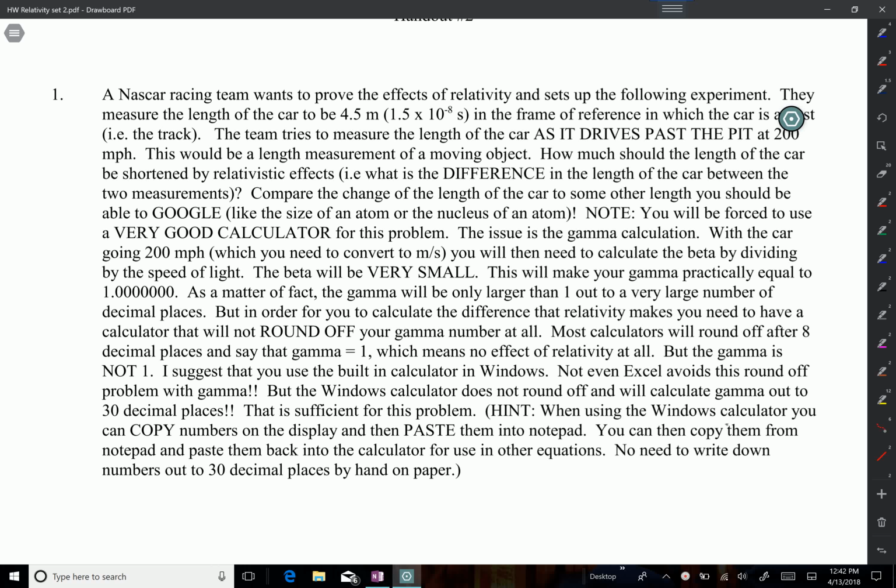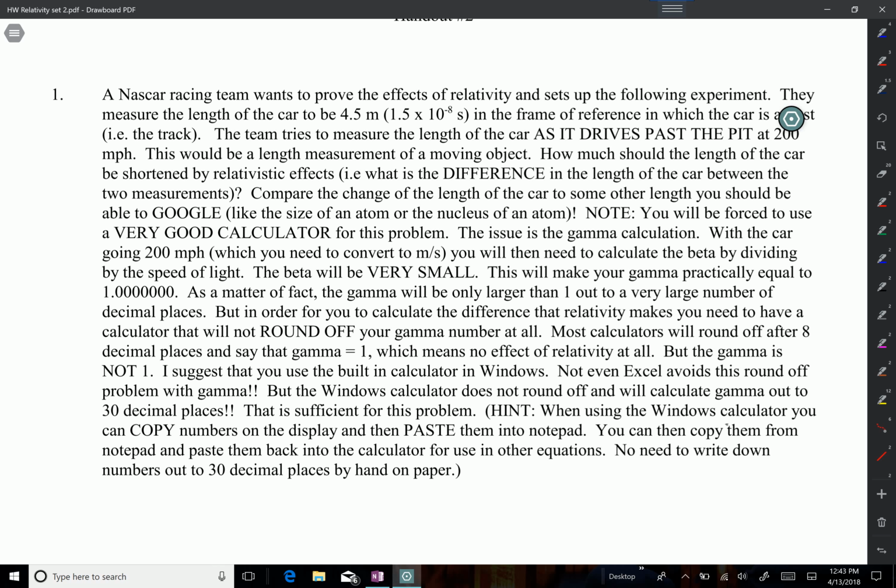This first one is to try and help you understand the size of the effect of relativity when we're traveling at speeds that are common to us. 200 miles an hour is pretty fast in our world. But in terms of relativity, it's a very, very, very slow speed.